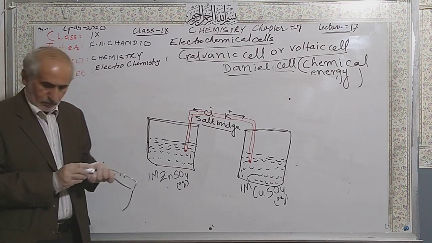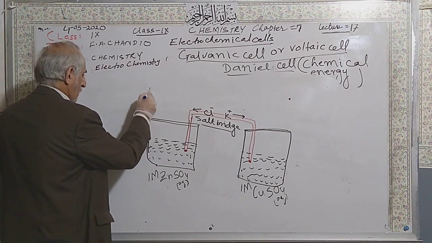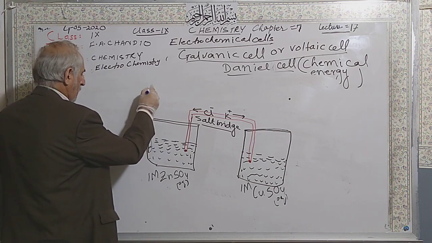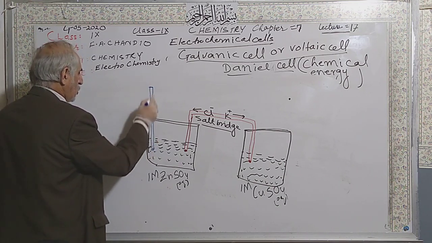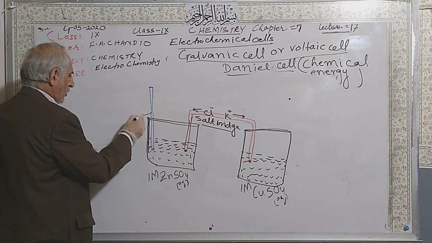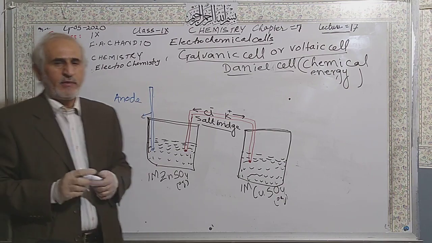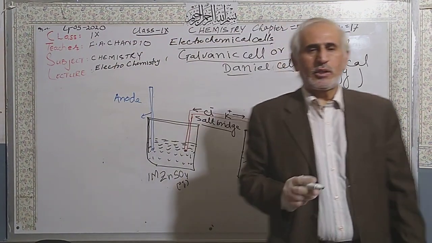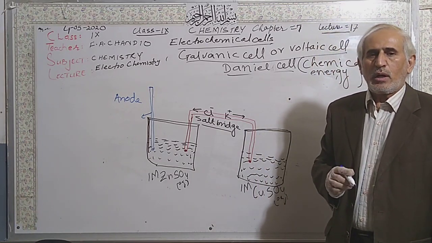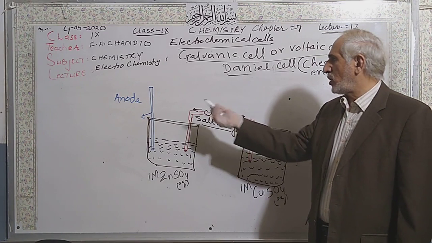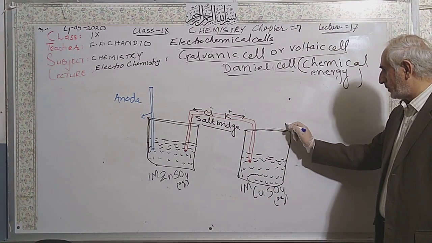Now the electrodes. This is the anode. And in the previous lecture, number 16, I told you there are two kinds of electrodes, anode and cathode. Anode has oxidation always, and cathode always has reduction.